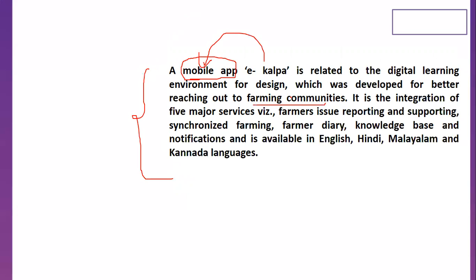So basically it was for the farming communities. It is the integration of 5 major services, very, very important: farmers' issues reporting and supporting, synchronized farming, farmer diary, knowledge-based, and notification, available in English, Hindi, Malayalam, and Kannada. So this is a mobile app basically for the help of the farming community, and this is how it solves the issues and helps to reach the better communities.